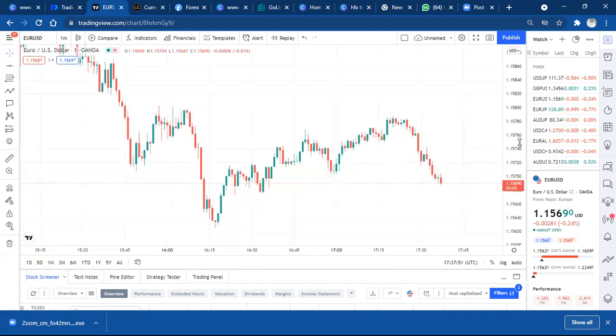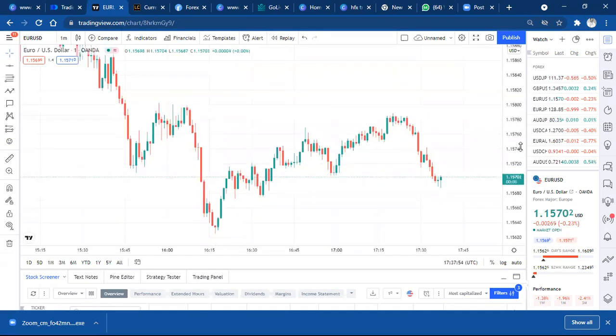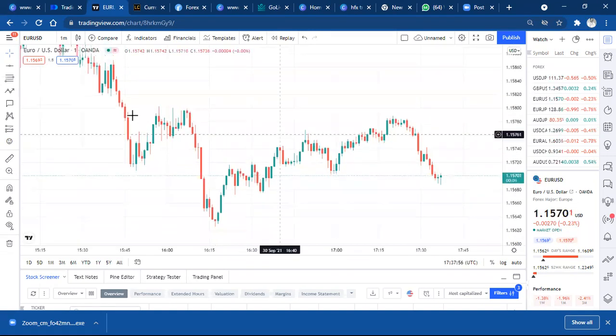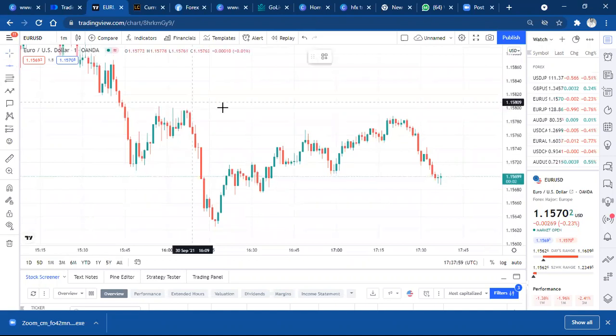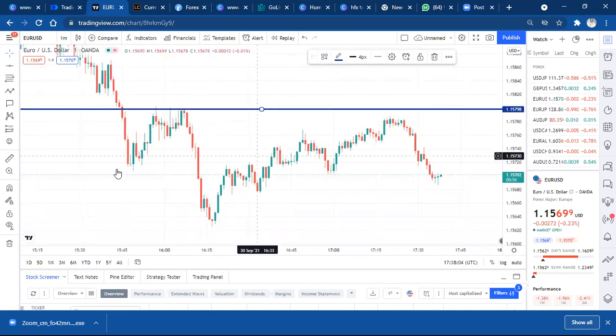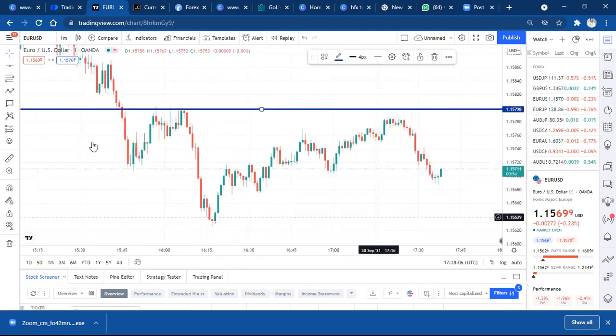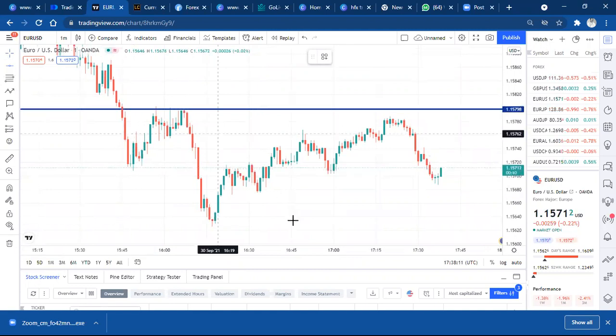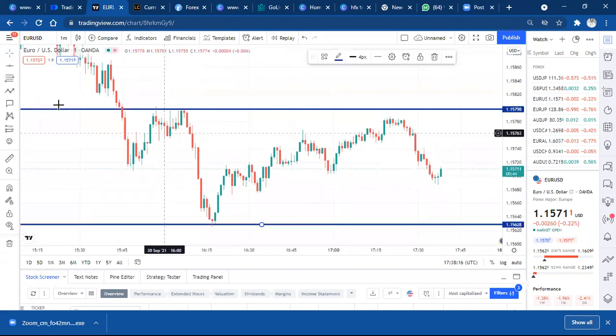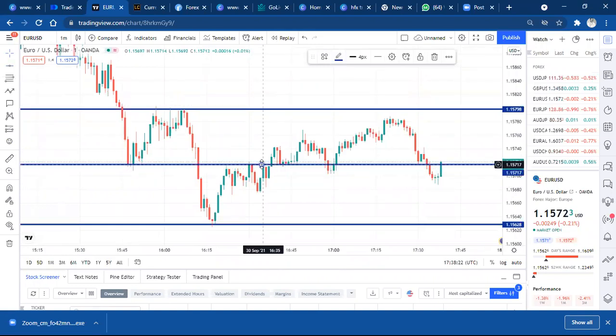But right here, you can see that price has developed areas that are important and you want to mark them. Here is a very important line. You can see in the last 1 hour or so, this line has been important. Right here, this is the lowest point that price has gotten to. And in between, there are different reactions. Can you see this line? This is practically the most important line on this chart at the moment.